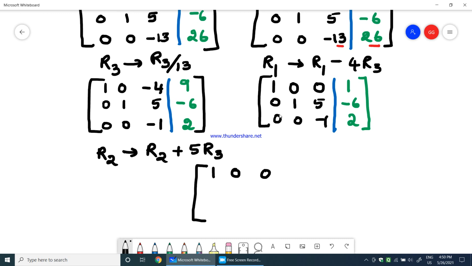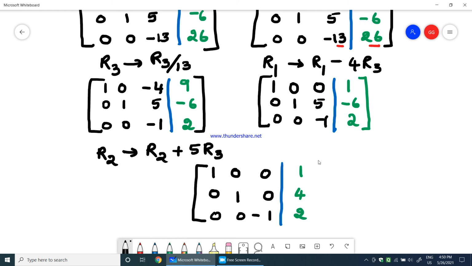Here 0 plus 5 into 0 is 0 only. 1 plus 5 into 0 again becomes 1. 5 plus 5 into minus 1, so 5 minus 5 is 0. So this is 0 0 minus 1. So this is 1. Now minus 6 plus 5 into 2, which is 10, minus 6 plus 10 is 4. And this will remain as 2.